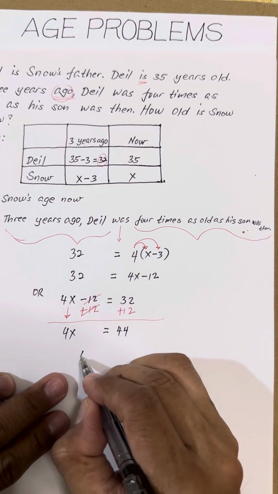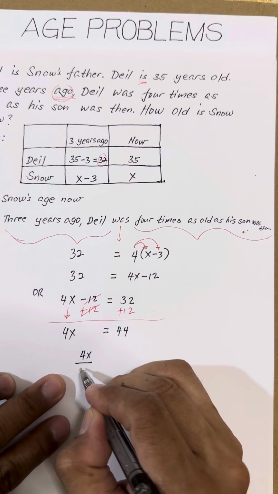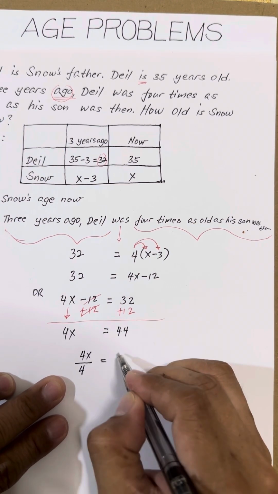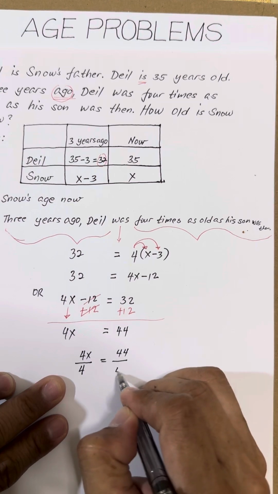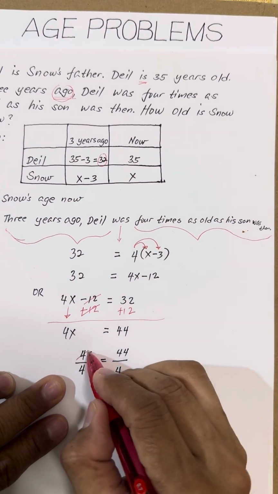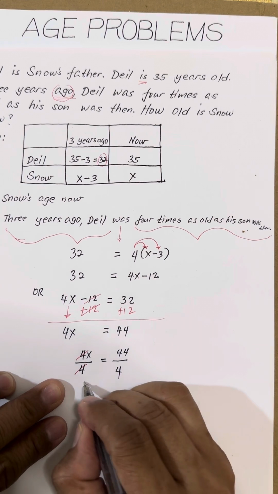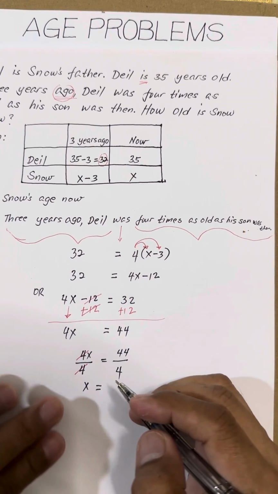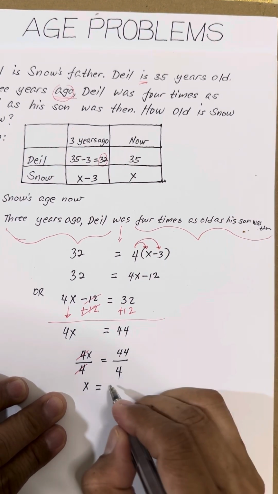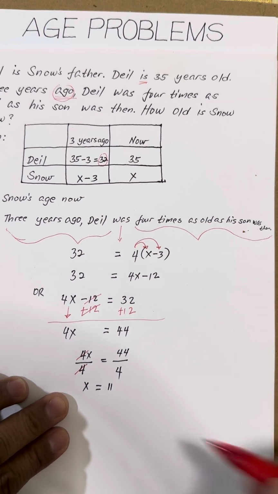Now we can solve for x by dividing both sides by 4. At the left side, the 4 at the numerator cancels with the 4 at the denominator, leaving x only. Then 44 divided by 4 is equal to 11.